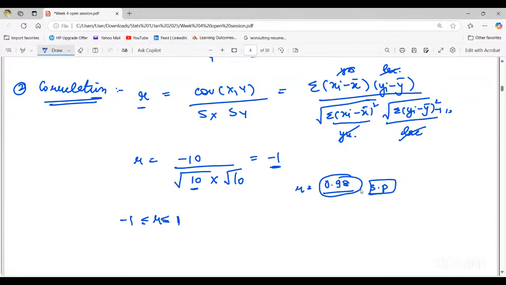So if my value of R, the correlation, is near to 1, if you round it off it's basically 1 only, we say it's strongly positive. If it's near to minus 1, we say it's strongly negative. Got my point? If it's 0, then there is no correlation.